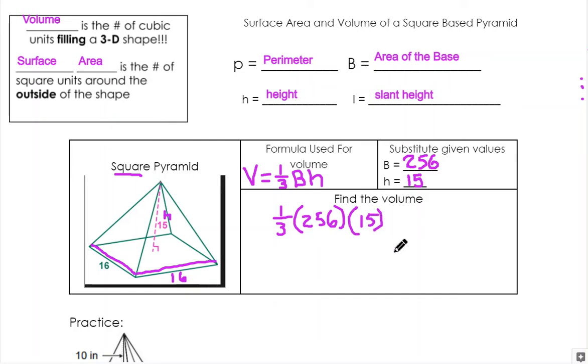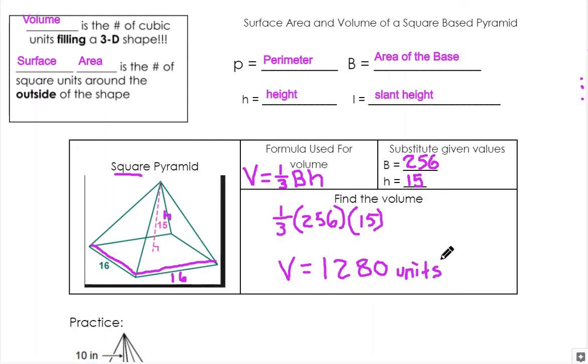So I multiply those three things together, and when I do 1/3 times 256 times 15, I get 1,280. And that is my volume. So volume equals 1,280. We usually write the units, but they didn't give me any units, so I'm just going to write units.